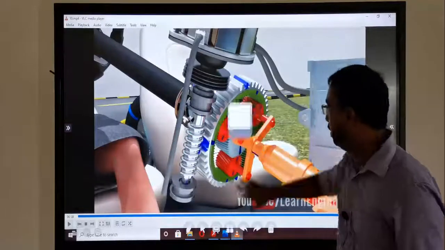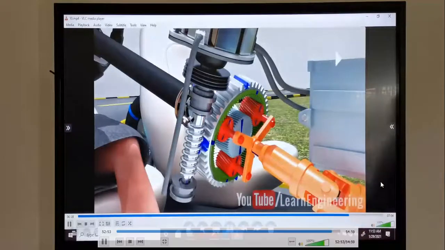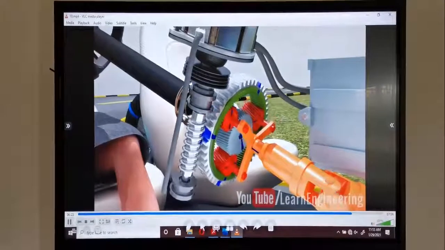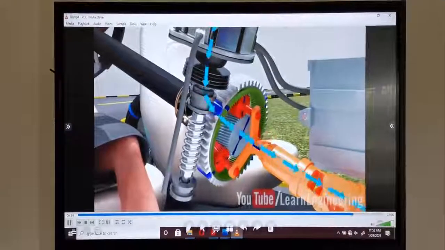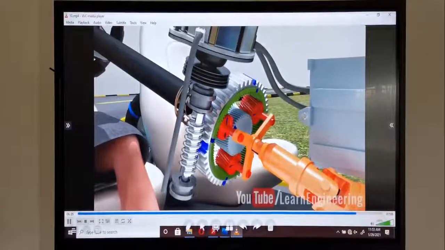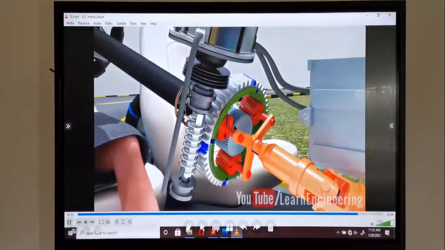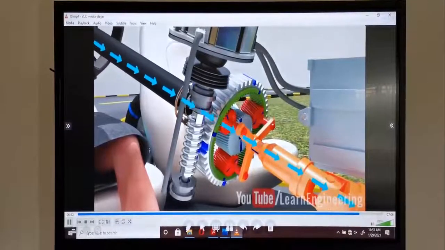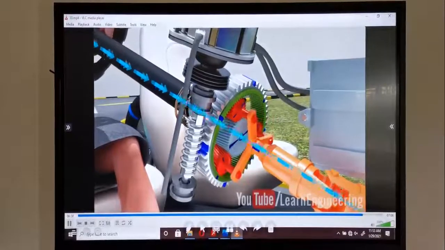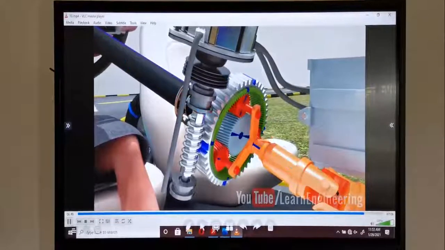Now I play the video, so you can get a clear idea. When the power motor is working, okay. Now the power motor failure time, it is straightly connected.